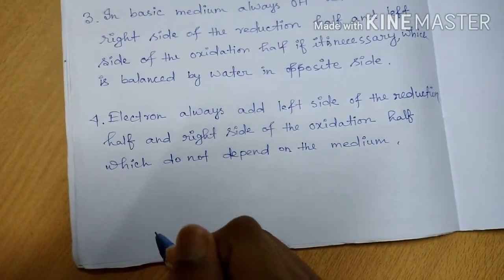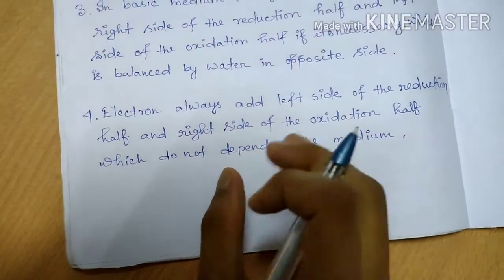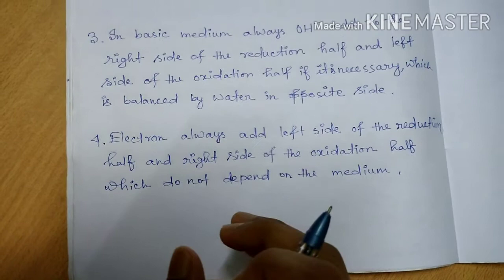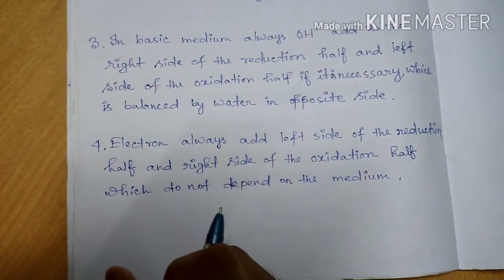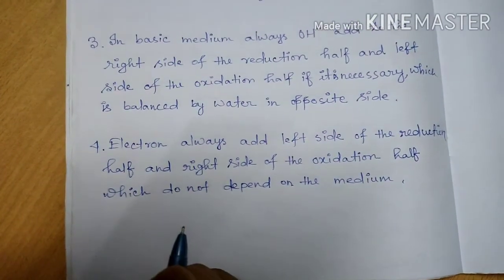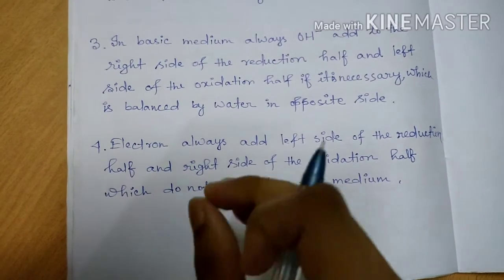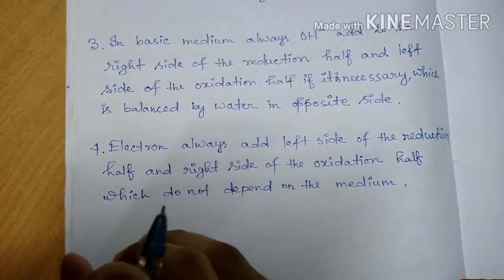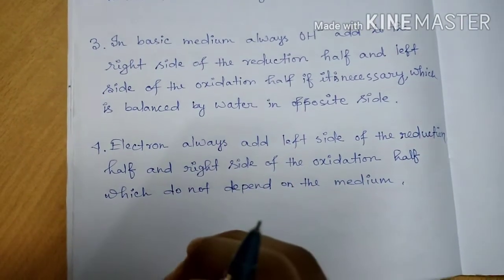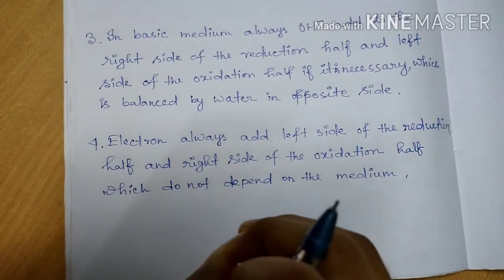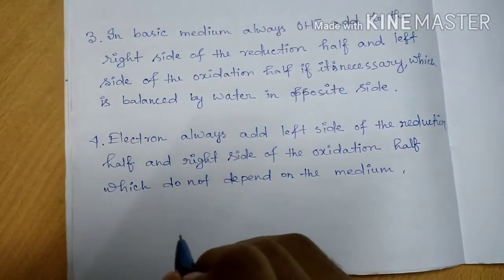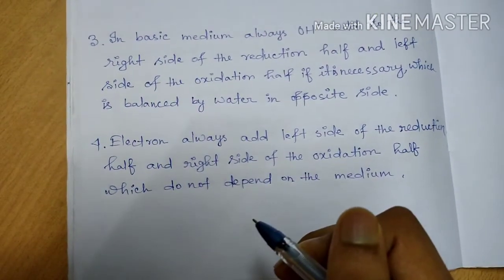The addition of electron does not depend upon the medium, whether it is an acidic medium or a basic medium. We have to add electron always on the left side of the reduction half and the right side of the oxidation half. So this is rule number 4.